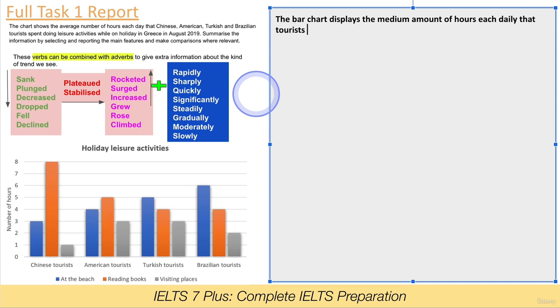Now, if you're not sure how to paraphrase completely, we can just change the word format. So we could say tourists from China, America, Turkey, and Brazil dedicated to leisure activities.